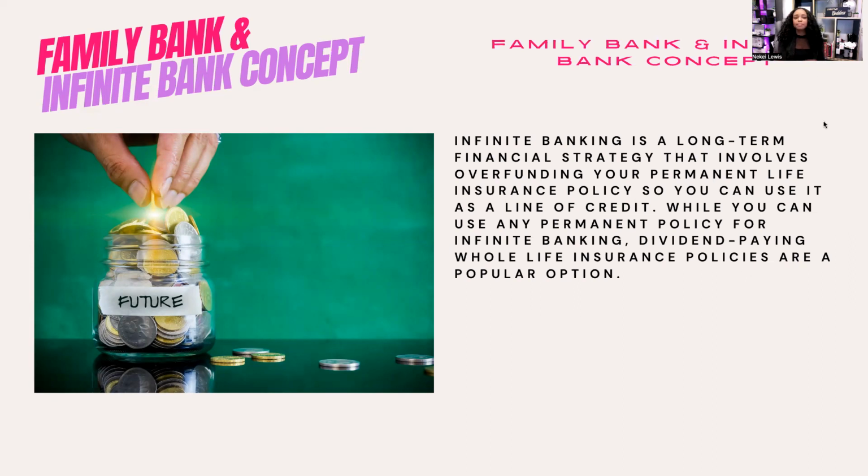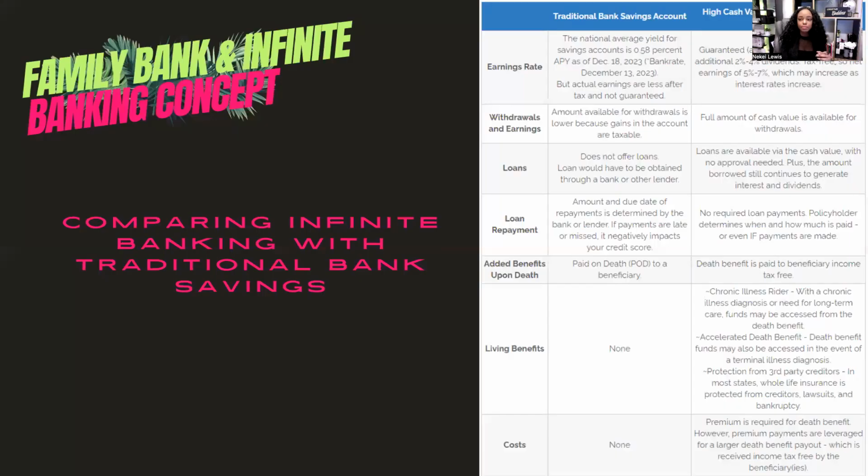I'm going to explain the difference between the family bank and the infinite banking concept, because a lot of times people call them the same thing, but they're actually different. So let's break down the myths and tricks when it comes to your traditional bank and how that works, and also the policies, and cross-compare both of those.